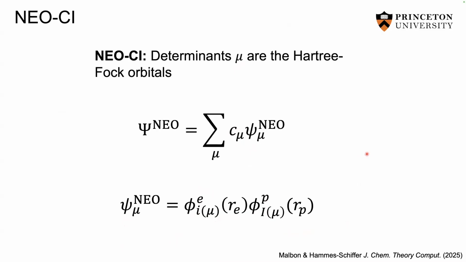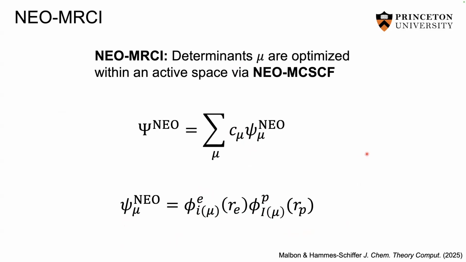But the version that is implemented in Q-Chem goes a step further, and it is actually a multi-reference CI implementation, where the set of determinants used in the CI expansion aren't limited just to the Hartree-Fock determinants.